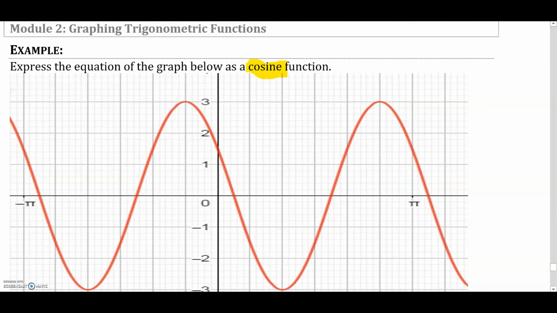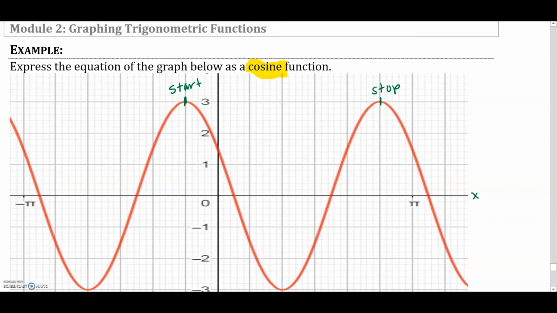We know that a cosine function will begin with a peak or a maximum, so we can identify the starting point and the stop point of one single period of our cosine function. The midline of our cosine function is our x-axis, therefore d is equal to 0.